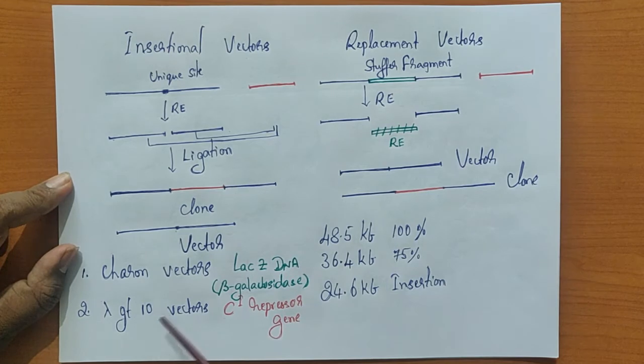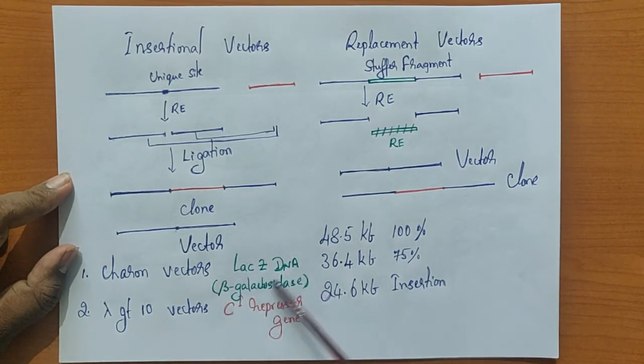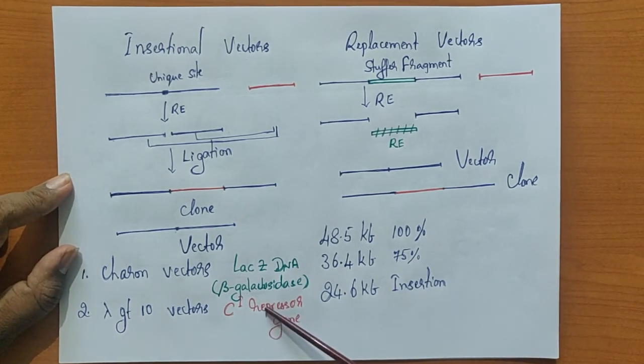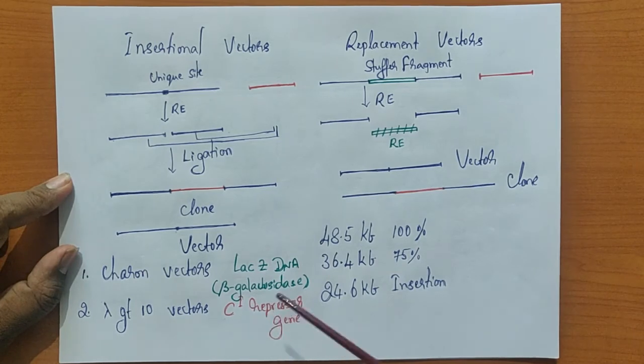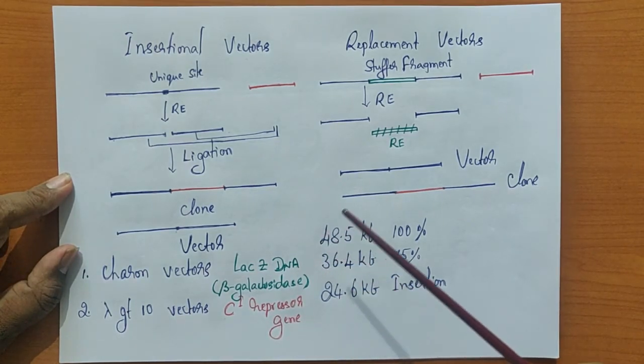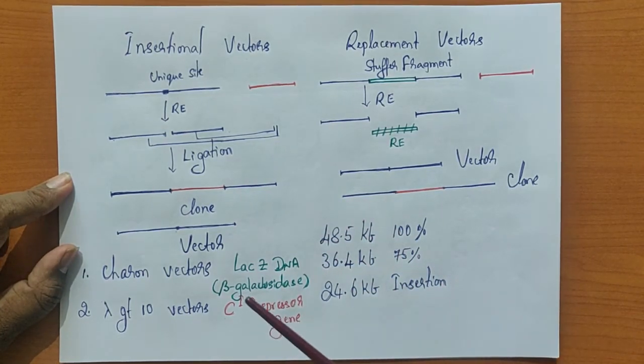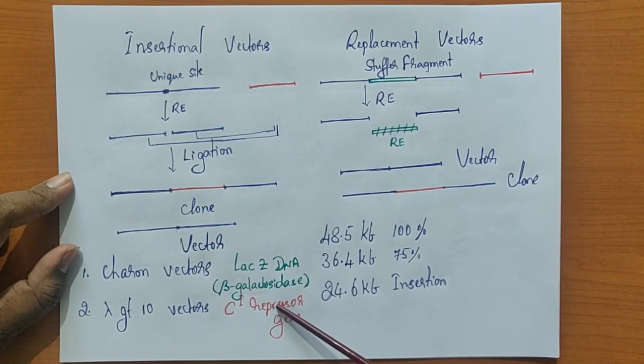Now these lambda gt10 vectors, instead of a lacZ DNA, use the cI repressor gene. We know the significance of the cI repressor gene, because it is very important for the lambda DNA to get into the lysogeny cycle. I told you that the main purpose of our vectors is to get into the lytic cycle.